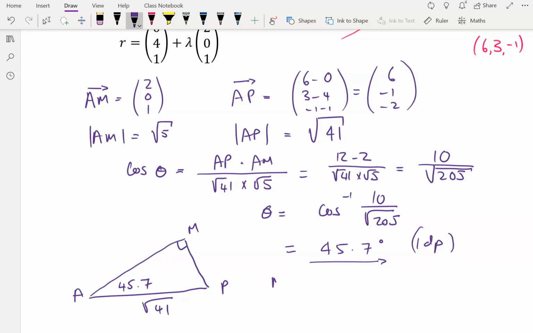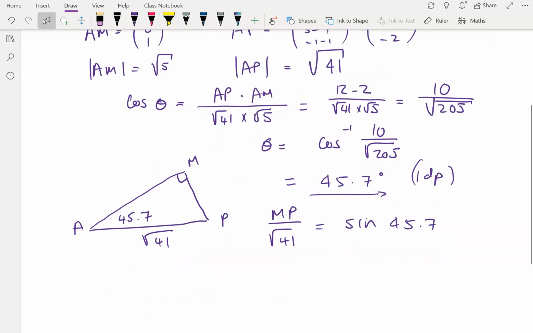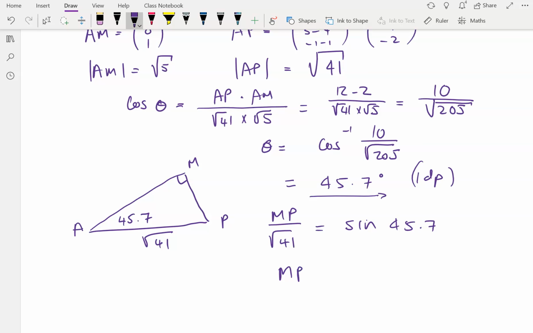So if I use some basic trig, I can say MP over the square root of 41 is going to be the sine of 45.7. And just manipulating it around, MP is going to be root 41 times the sine of 45.7.